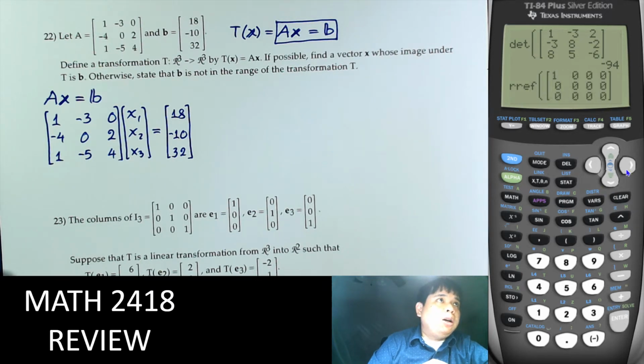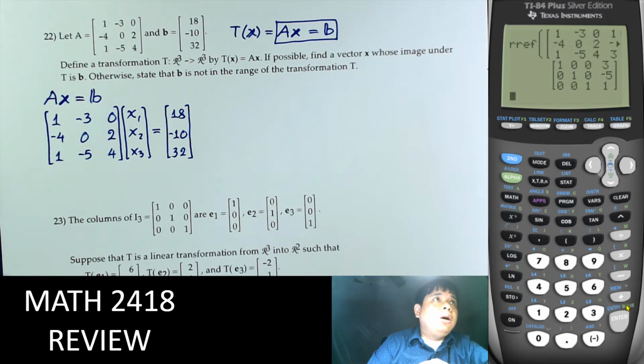So 1, -3, and 18, -4, 0, and 2, -10, 1, -5, 4, and 32. Right, let's check. Right, so we end up with that.